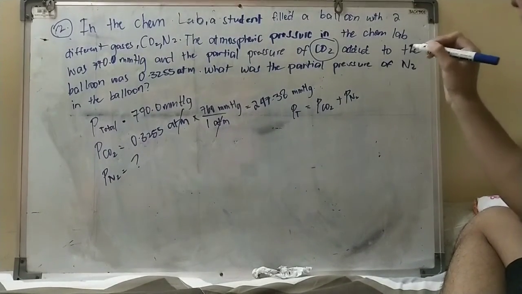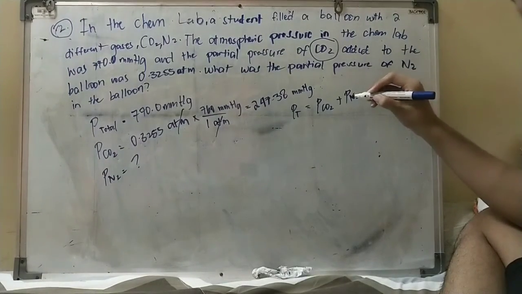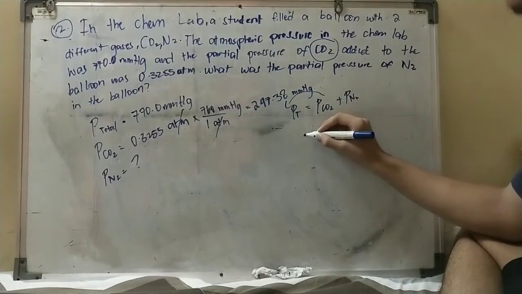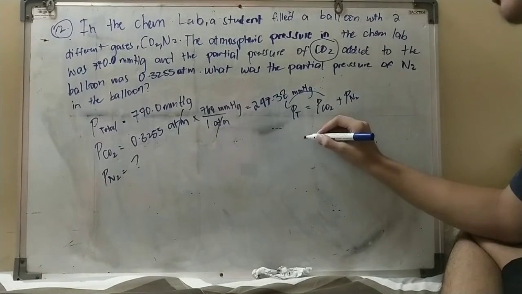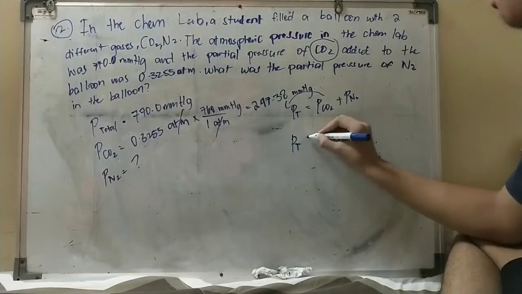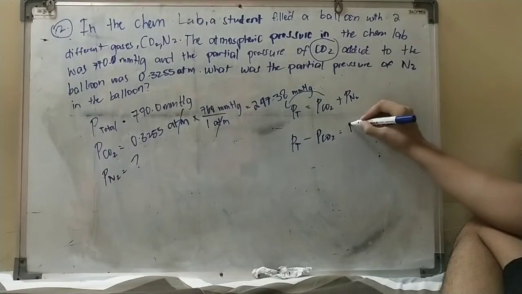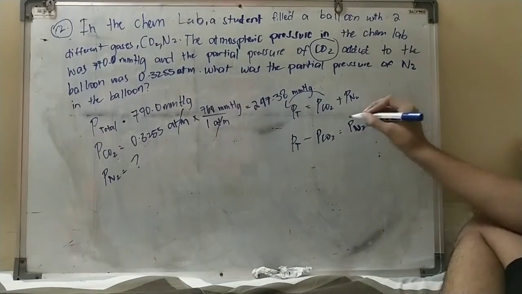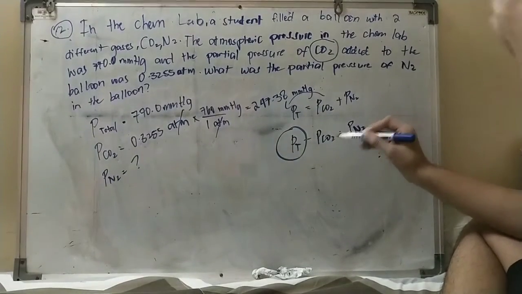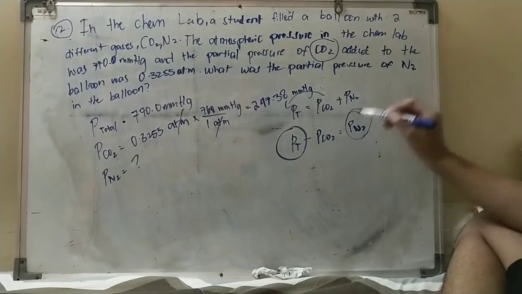We just need to transpose CO2 to the other side, and to change its sign. So PT minus PCO2 is equal to PN2. Why? Because PT is the total pressure. If you just subtract a partial pressure from it, the remaining partial pressure is our answer.